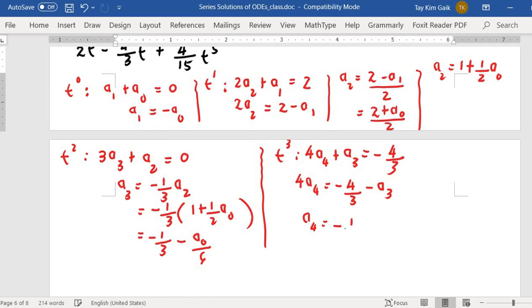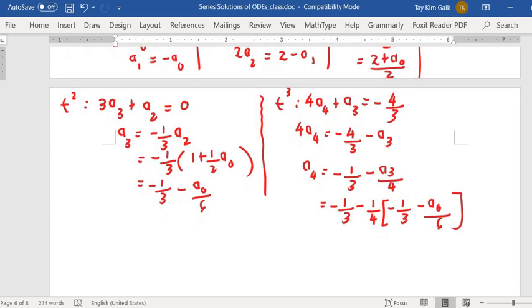So negative 1/3, this divide by 4, cancel the 4 here. Negative A3 divided by 4. Negative 1/3, okay, A3 here. That 1/4. A3 we have negative 1/3 negative A0 divided by 6. Then negative 1/3, this one expand, we got 1/12 plus A0 over 24.